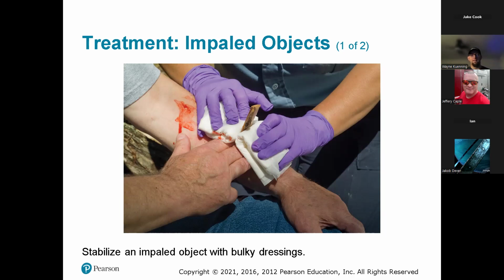Unless it's an arterial bleed, and let's be honest, if you've got an arterial bleed and a T-post through your abdomen, there's nothing I'm going to do for you. There's nothing you're going to do for them. They needed a surgeon standing right next to them when this happened. It's to minimize the quantity of damage during transport.